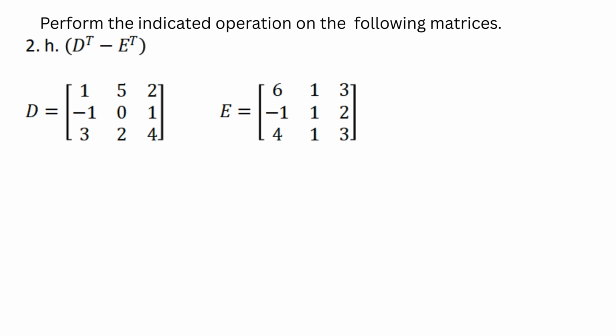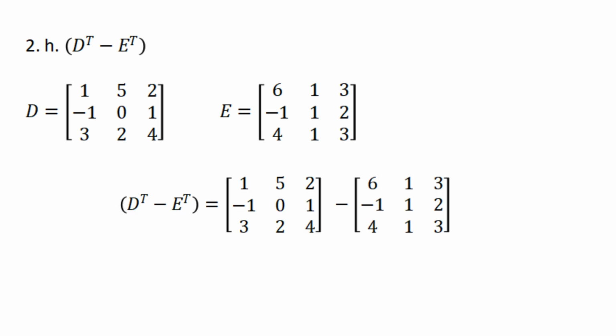The transpose of matrix D minus the transpose of matrix E equals column 1: 1, negative 1, and 3, column 2: 5, 0, and 2, column 3: 2, 1, and 4, minus column 1: 6, negative 1, and 4, column 2: 1, 1, and 1, and column 3: 3, 2, and 3. The transpose of a matrix swaps its rows and columns.